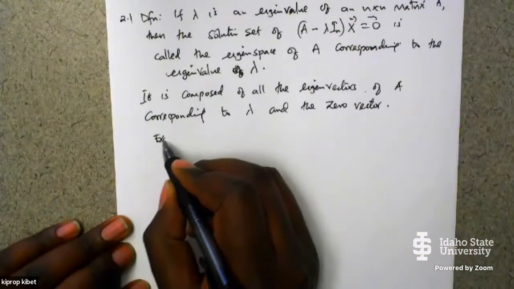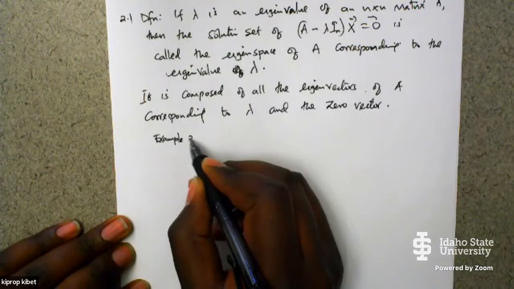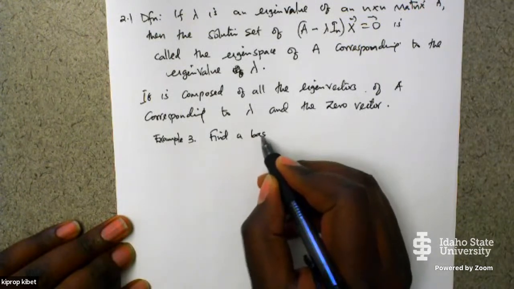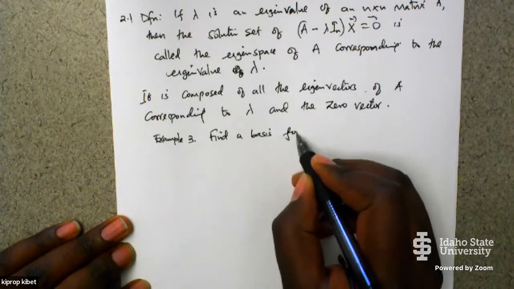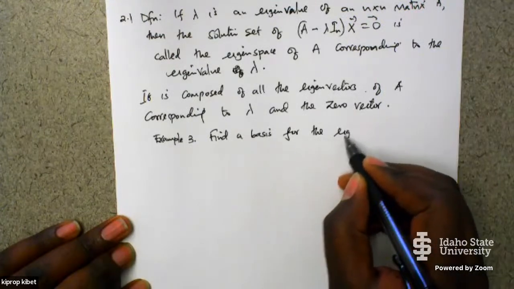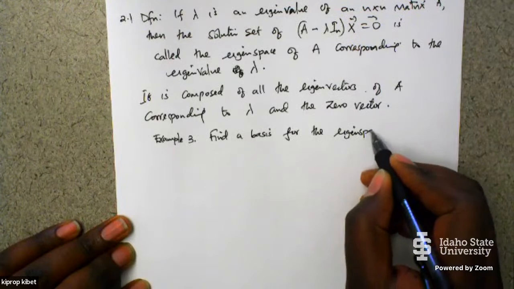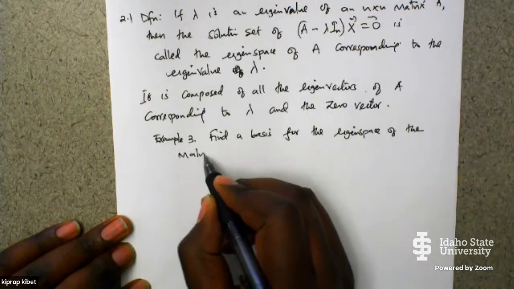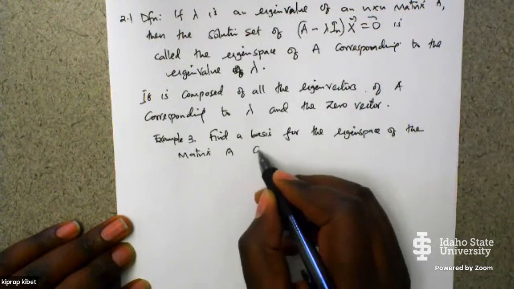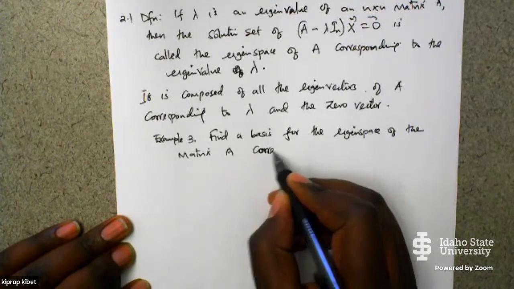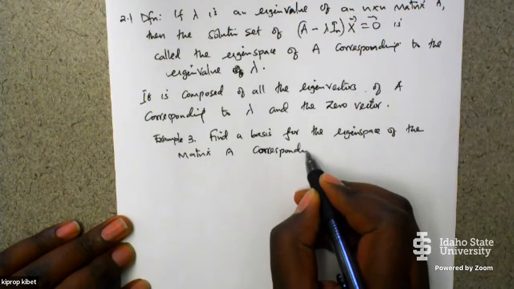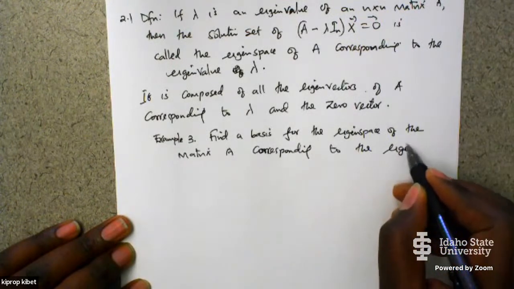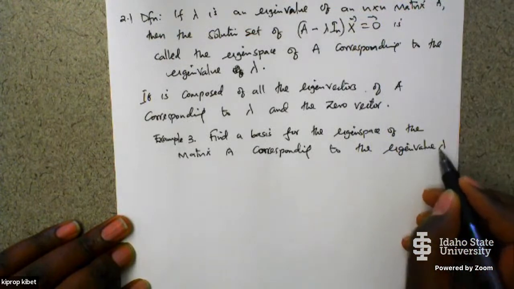For example, number 3. Find a basis for the eigenspace of the matrix A corresponding to the eigenvalue lambda.